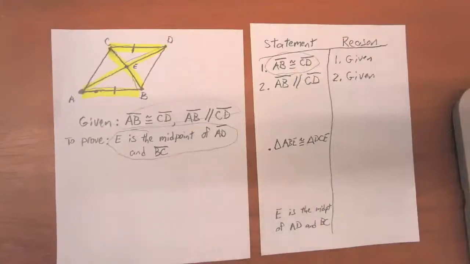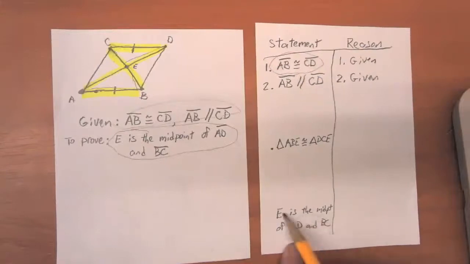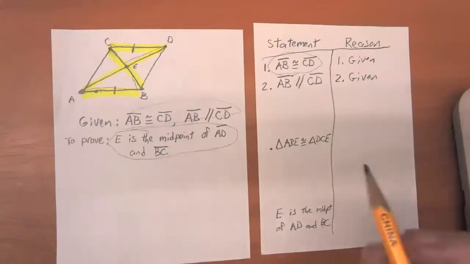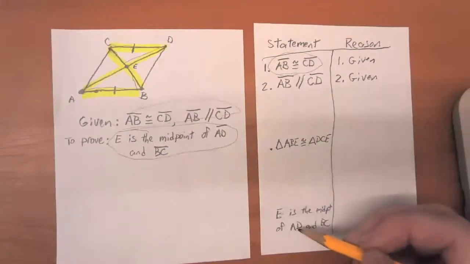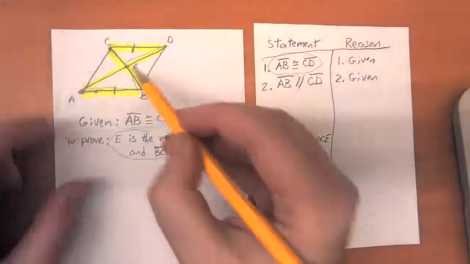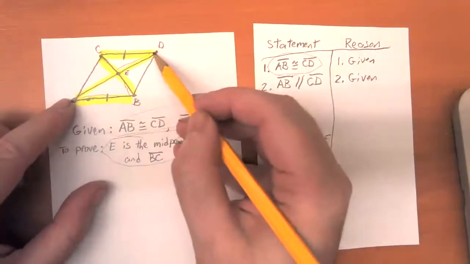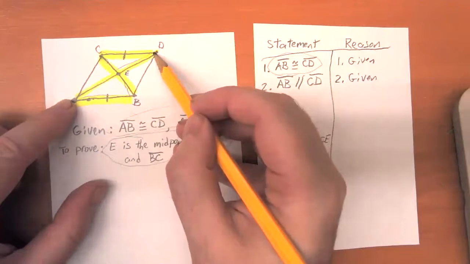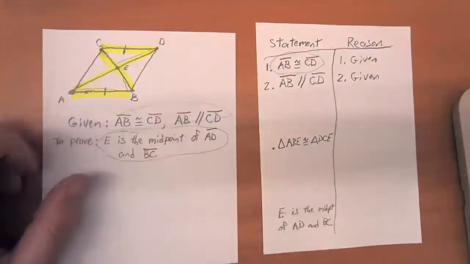Here's how I know that, just to give you a sense of where my gut is coming from. I need to prove that E is the midpoint of AD and BC. So I need to prove that E is the midpoint of AD. What does that mean? If E is the midpoint of AD, what two lengths would have to be congruent to each other?